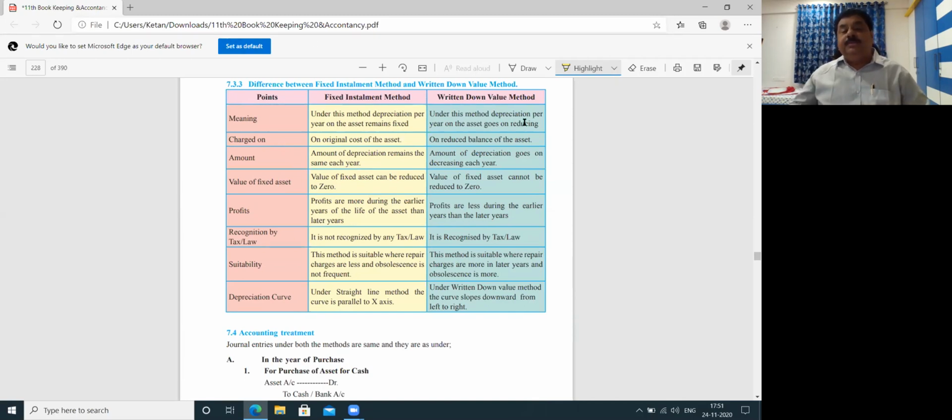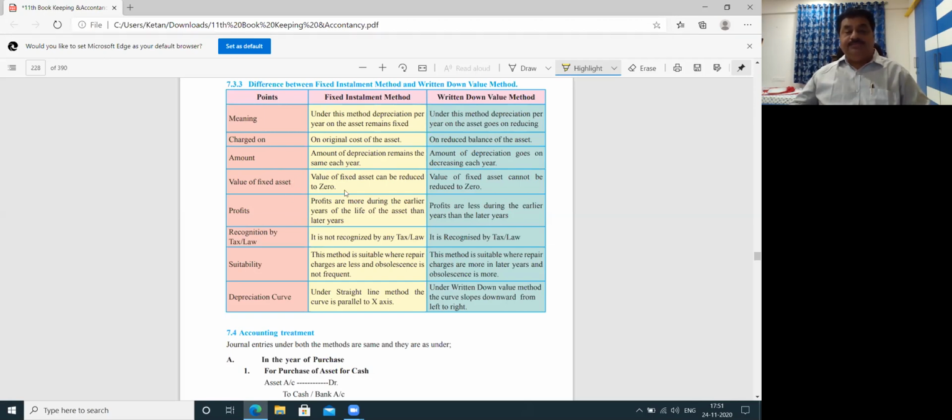Under this method, depreciation per year on the asset goes on reducing, changing and reducing. Charge on original cost. Here it is charged on the reduced balance of the asset, that is, on the balance of the asset. Amount of depreciation remains the same each year under the fixed installment method. But under the written down value method, it goes on decreasing each year.